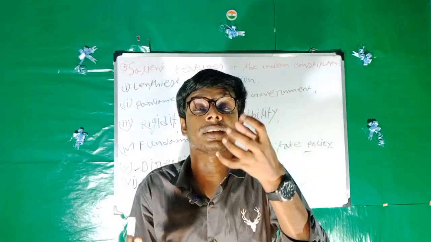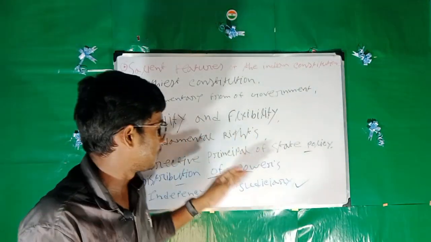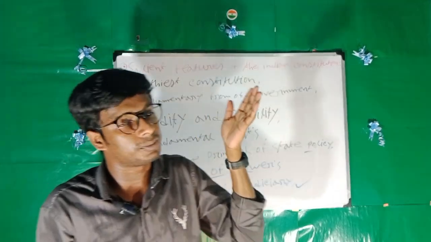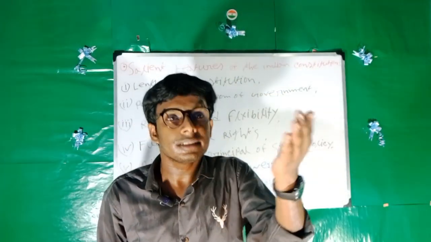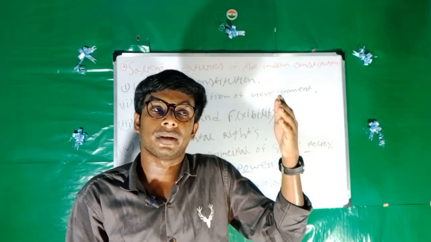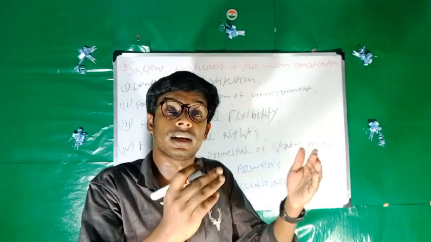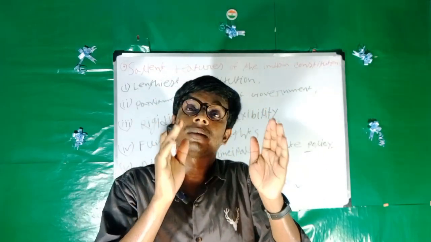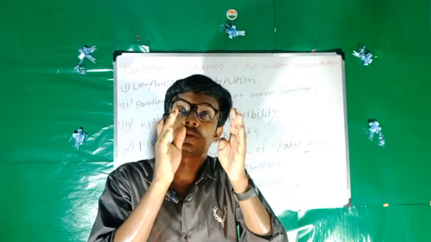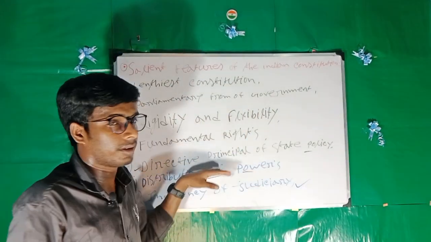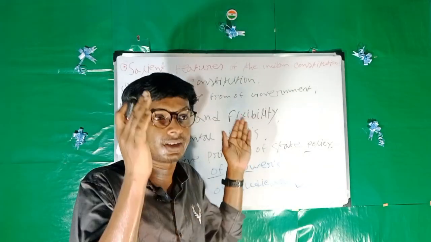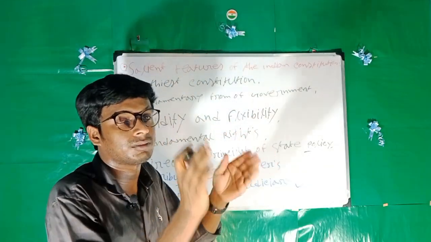Our country is a federation. Laws are made by the parliament and by the state legislatures, as defined in the state list, union list and concurrent list. Both the parliament and the legislature can make laws on the concurrent list. That is the distribution of power under the Indian Constitution.